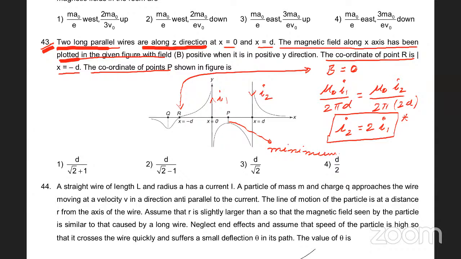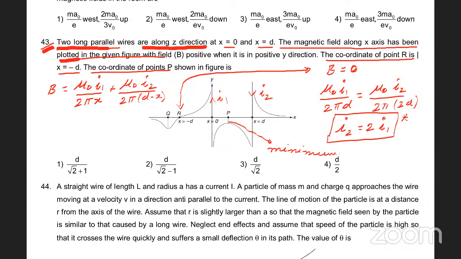Then let us write the formula for the magnetic field at point P. So B is equal to mu naught I1 by 2 pi x plus mu naught I2 by 2 pi (d minus x), along the negative y direction.